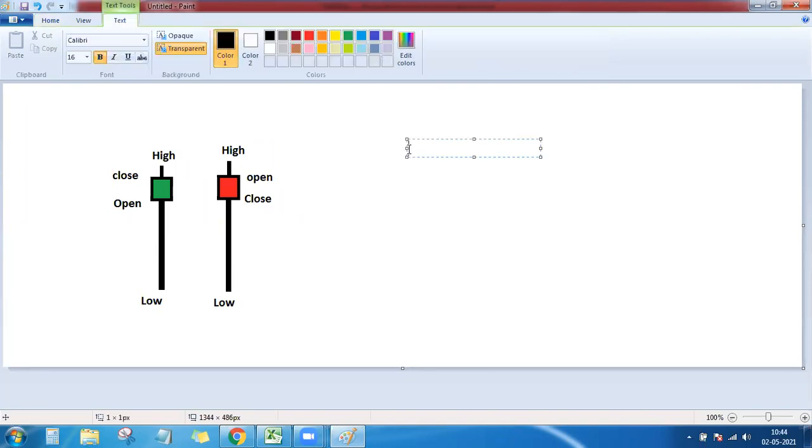So my condition over here would be high minus maximum of open comma close. So whichever is at the top. So if close is at the top, that will be taken. If open is at the top, that would be taken.